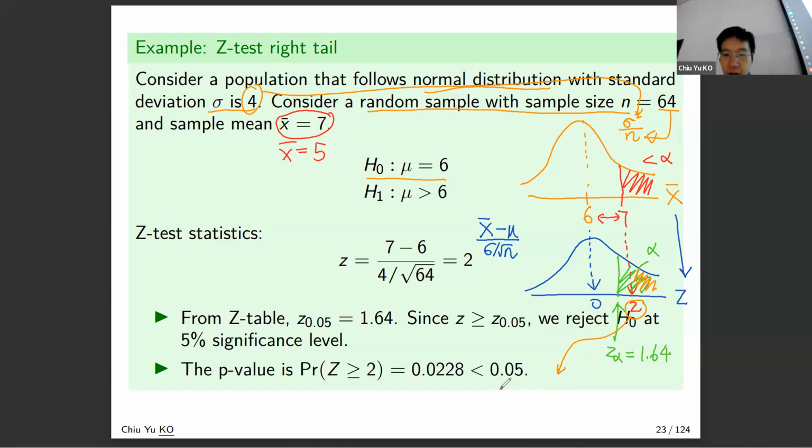So we use normal, standard, this, and then you put 2, and then false, true, and then 1 minus, because this is the left-hand side, and 1 minus is the right-hand side. This is the p-value. And the p-value is less than 5%, so reject. So this is the procedure.